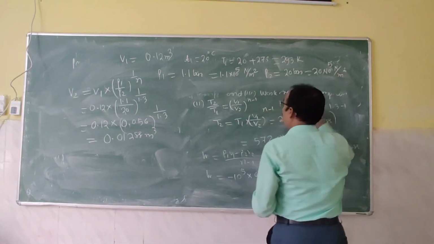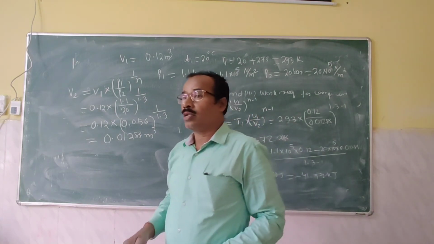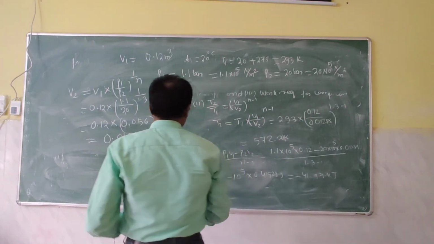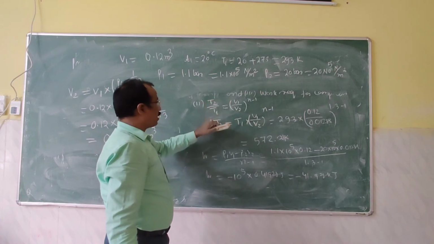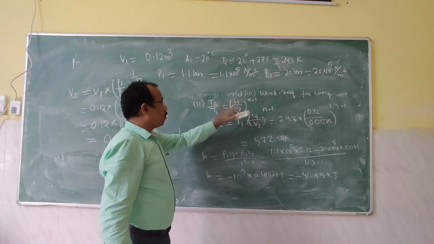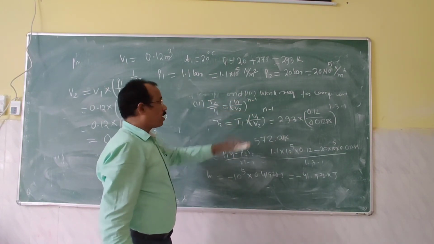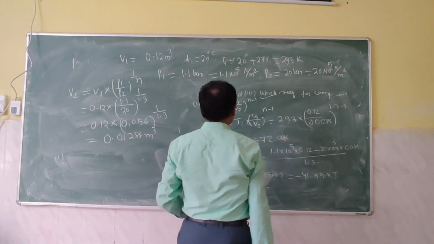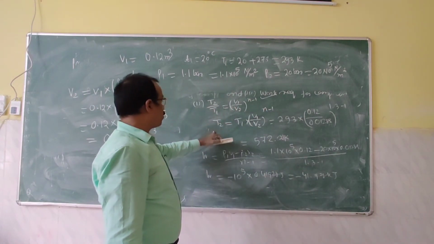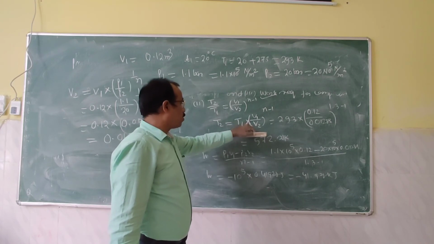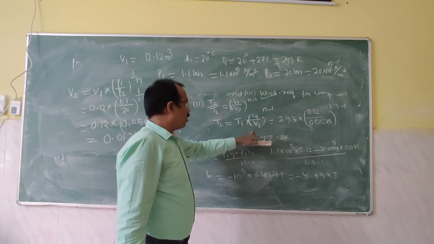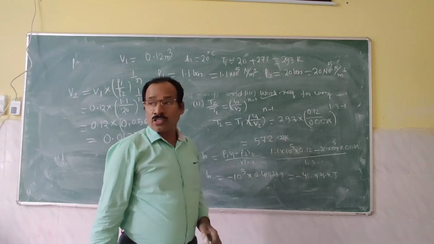Now, what is the final temperature? We know that T2 by T1 is equal to (V1 by V2) to the power n minus 1, or T2 is equal to T1 into (V1 by V2) to the power n minus 1.